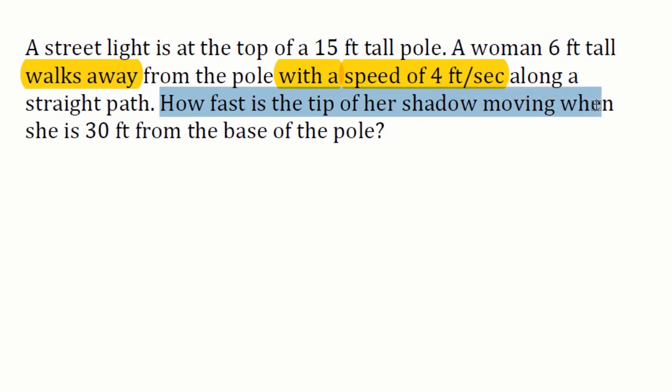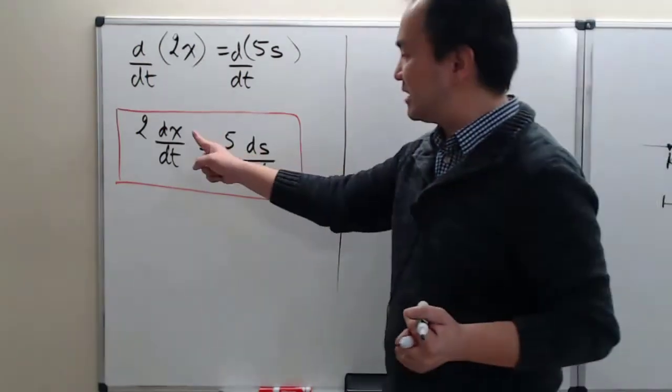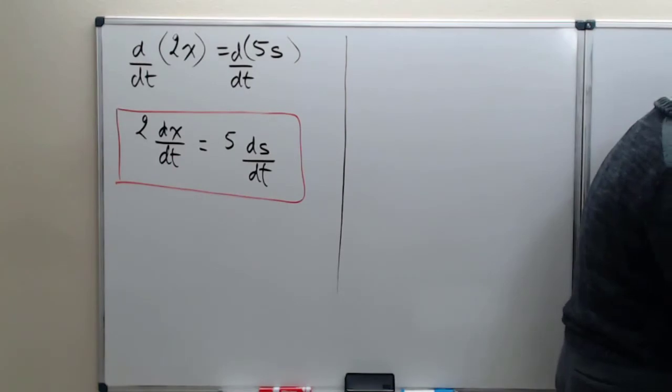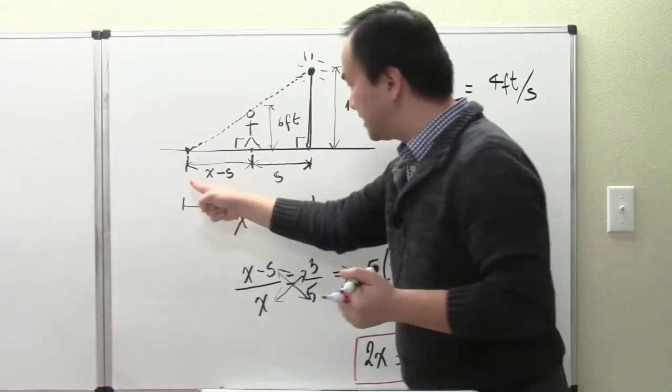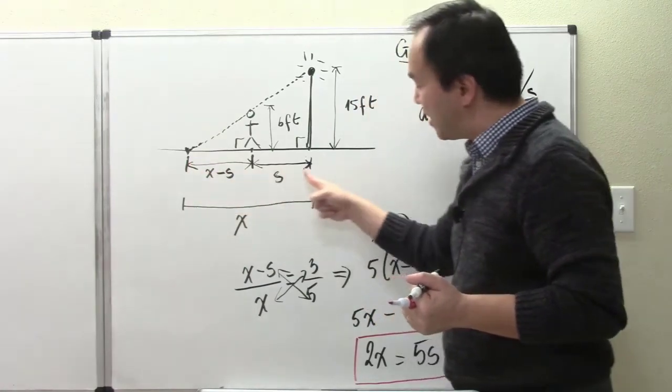But really, let me just focus right now on this. How fast is the tip of her shadow moving? That how fast right there is, in other words, the dx/dt right here. Because in my picture, I defined my x variable as the distance from where the tip of her shadow is away from the base of the pole.